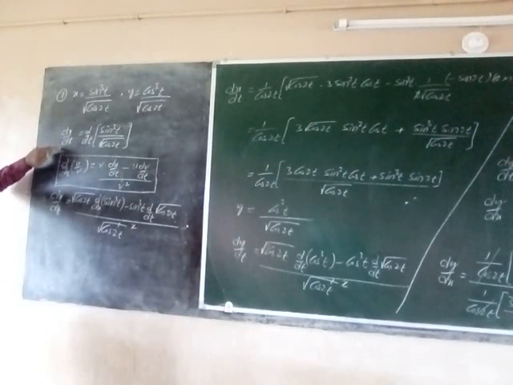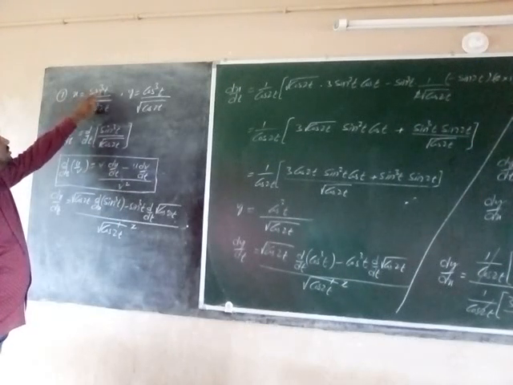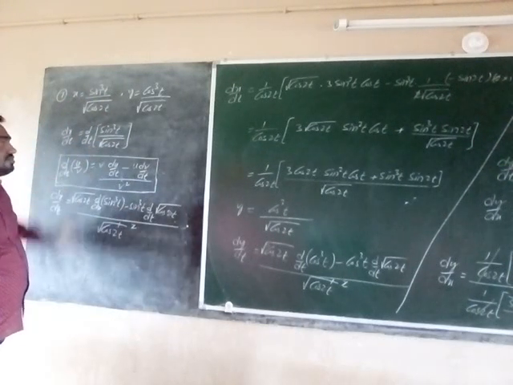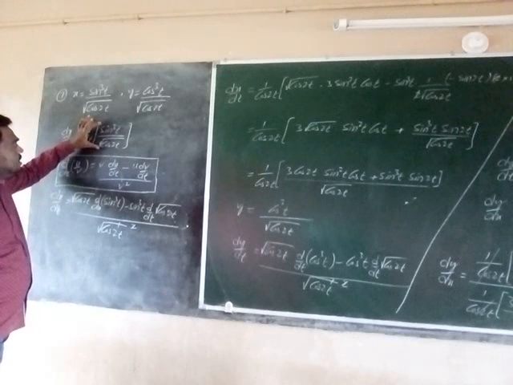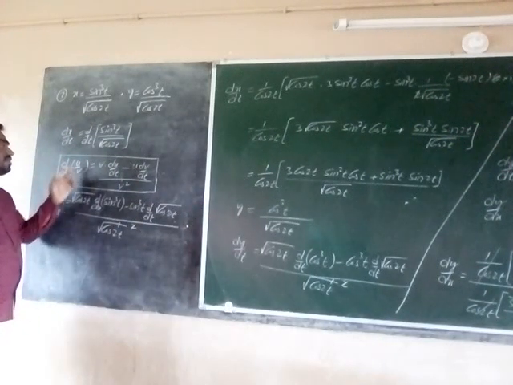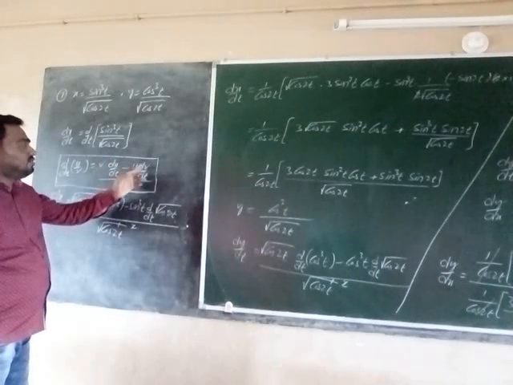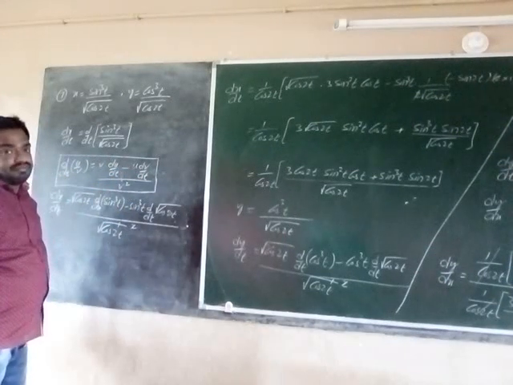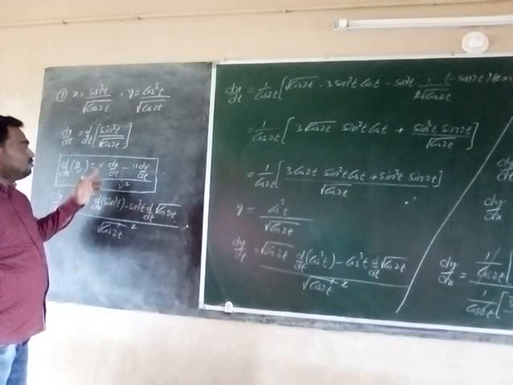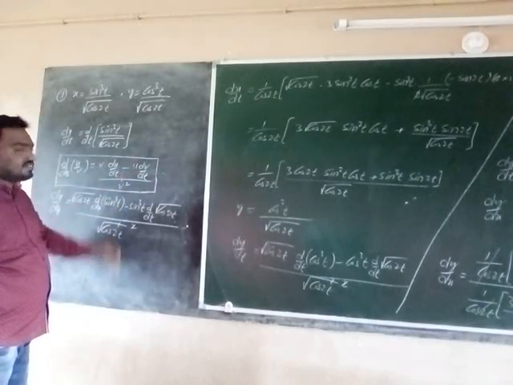Then dx by dt is equal to d by dt of sin cube t by under root of cos 2t. So it is in the form of u by v. The derivative of u by v formula is v into du by dt minus u into dv by dt, by v square. That is nothing but (v u dash minus u v dash) by v square.